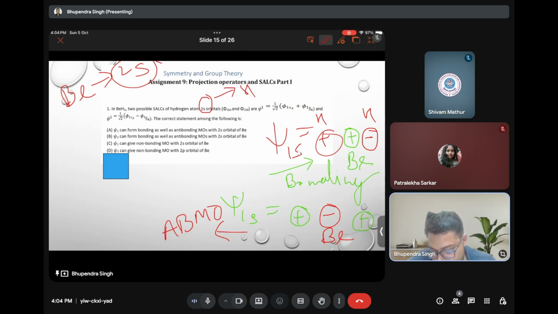According to that, option 1 is saying that psi 1 can form bonding as well as anti-bonding molecular orbital with the 2s orbital of Be.